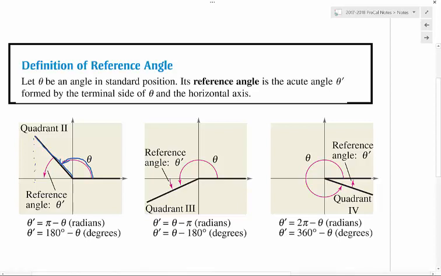Same thing here for quadrant 3. It is basically the small angle that creates a right triangle with the horizontal axis. The reason this is important is that if you find your reference angle, it makes it easier to find what you're doing on the unit circle and where you're doing it.